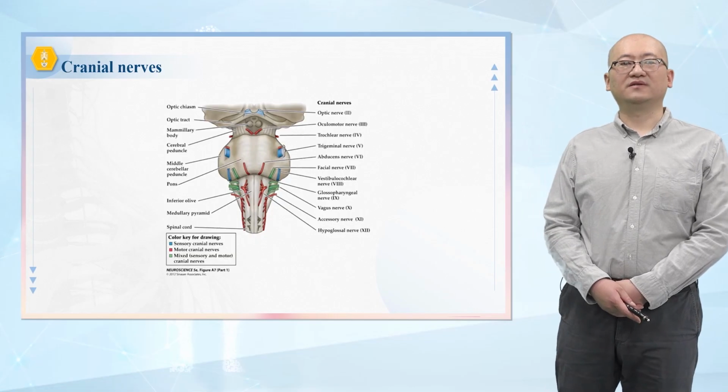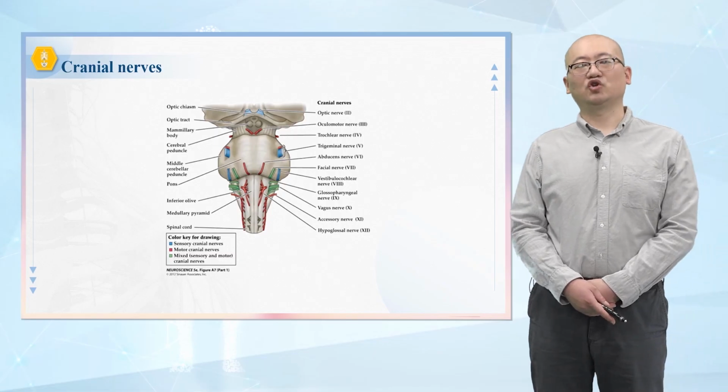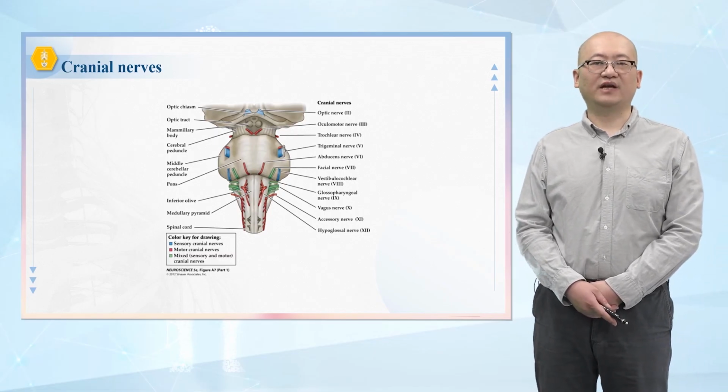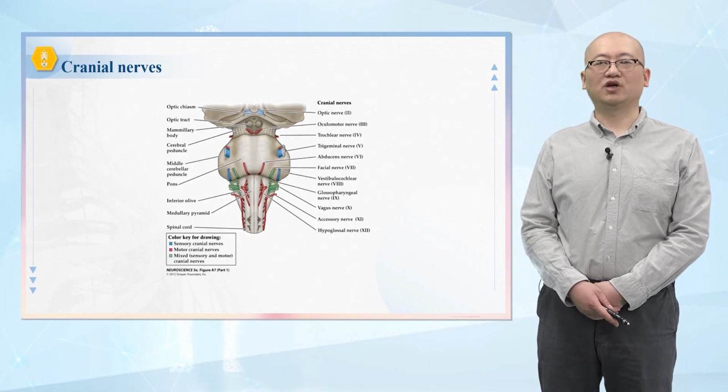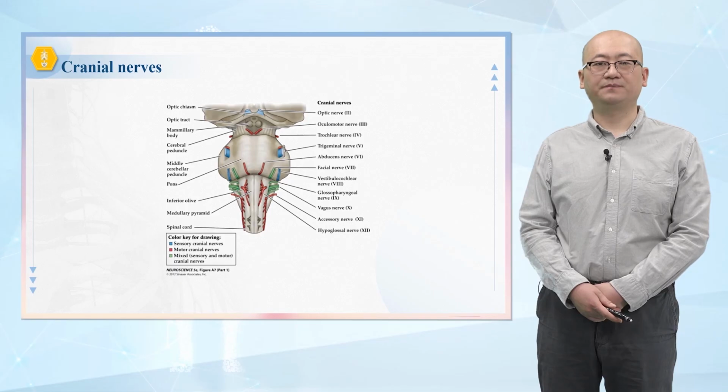The tenth is the vagus nerve, which controls the autonomic function of gut and the sensation from the larynx and the pharynx, and the muscles of vocal cords and swallowing. And the 11th is the spinal accessory nerve, which controls the shoulder and the neck muscles. And the 12th is the hypoglossal nerve, which controls the movement of the tongue.